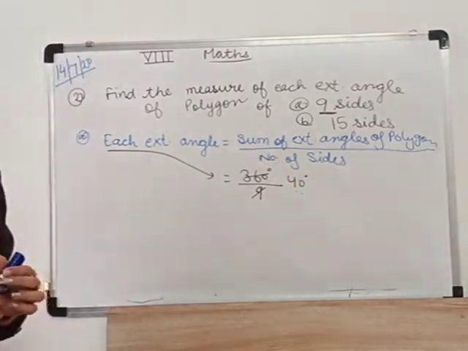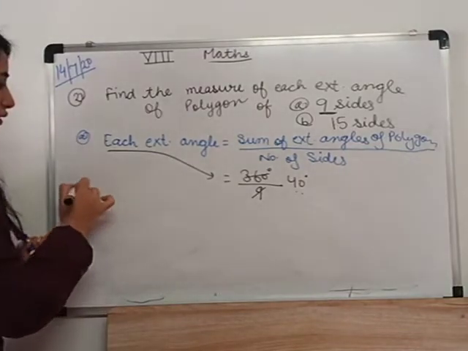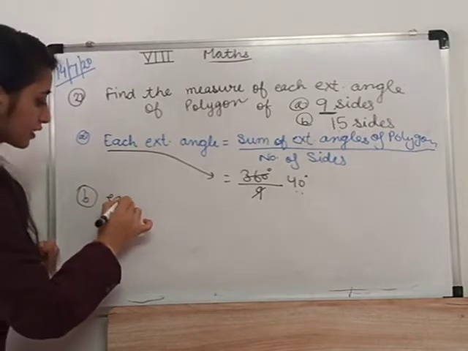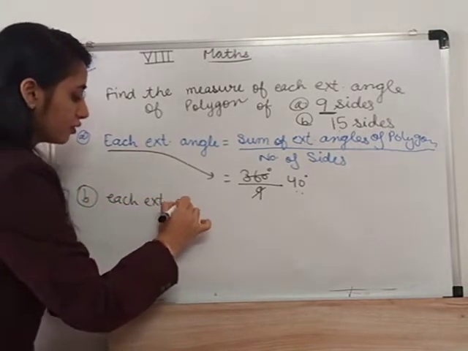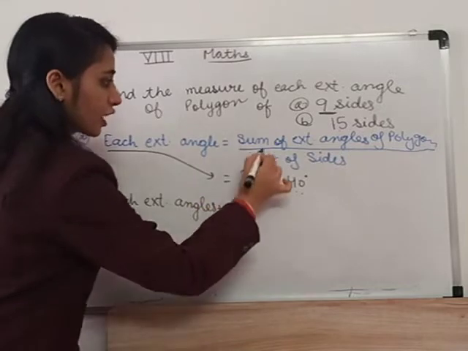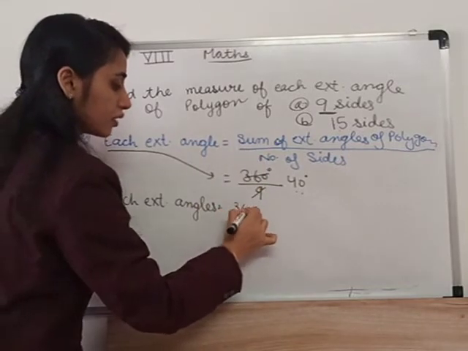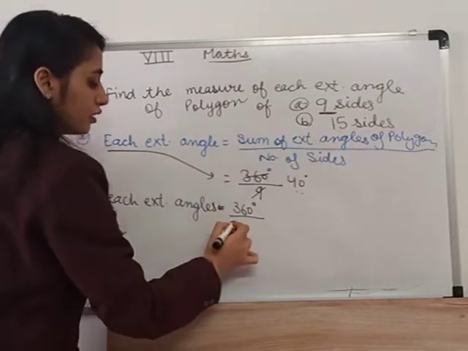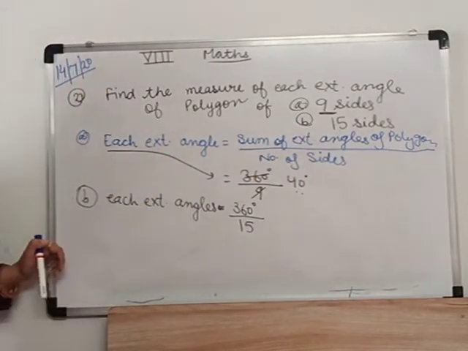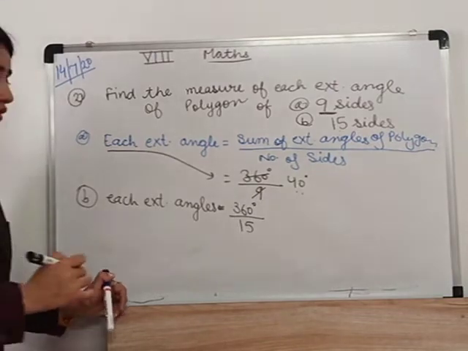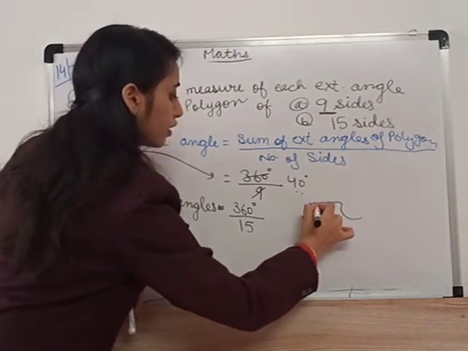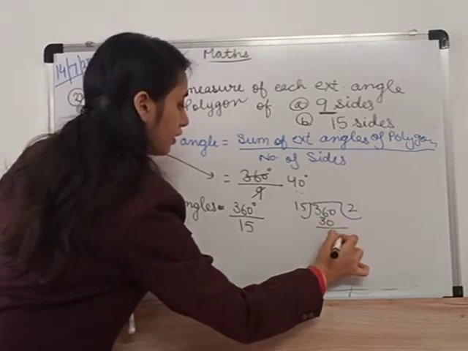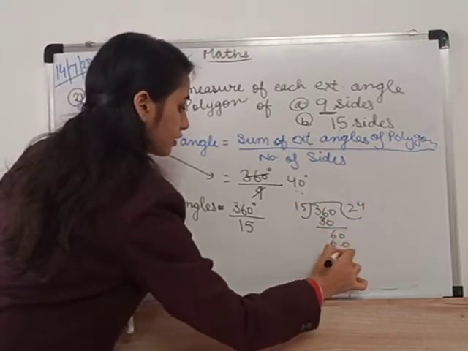Understood? Same like this, if a polygon has 15 sides, then each exterior angle is equal to the sum of exterior angles of the polygon, 360, which remains the same for all polygons, divided by the number of sides, 15. Now cut it, divide this: 15 twos are 30 and 15 fours are 60.